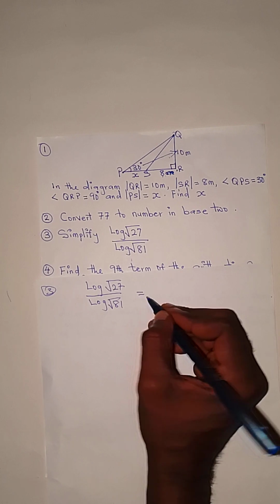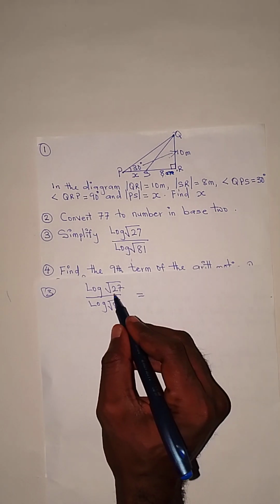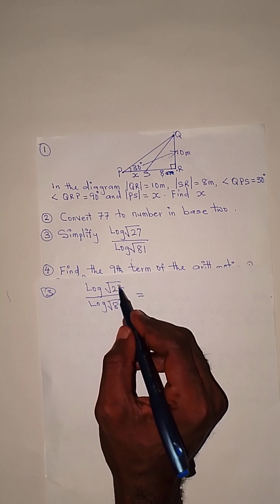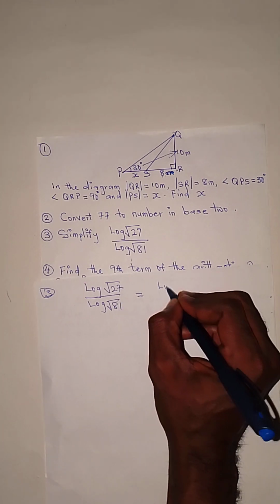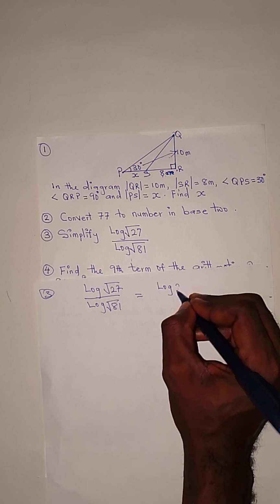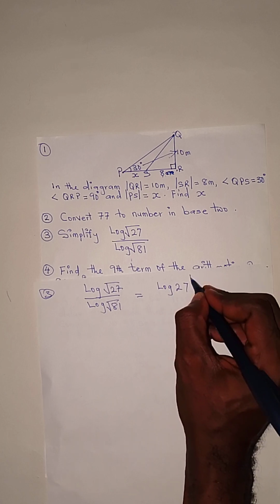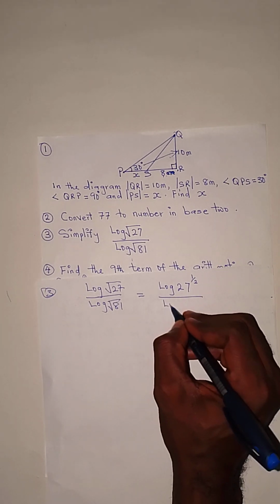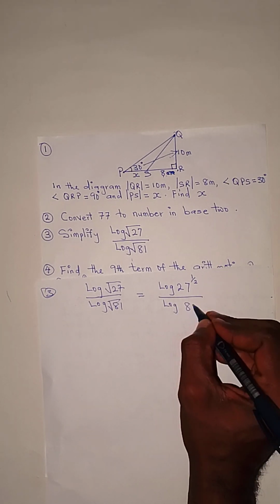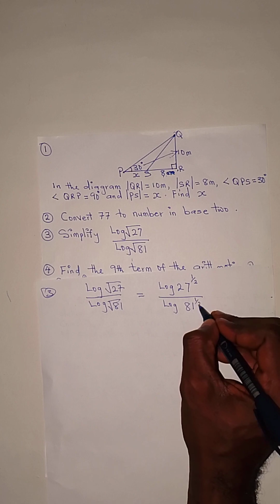Now, to simplify this, we are going to rewrite this square root of 27 as log 27 raised to power 1 all over 2 all over log 81 raised to power 1 all over 2.